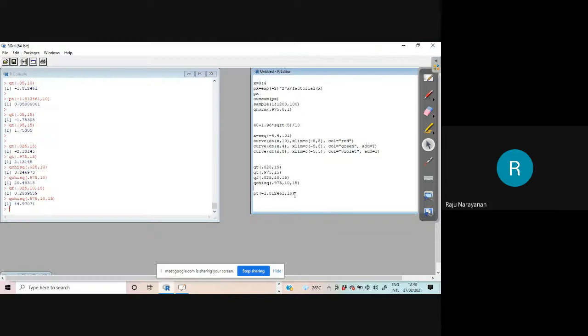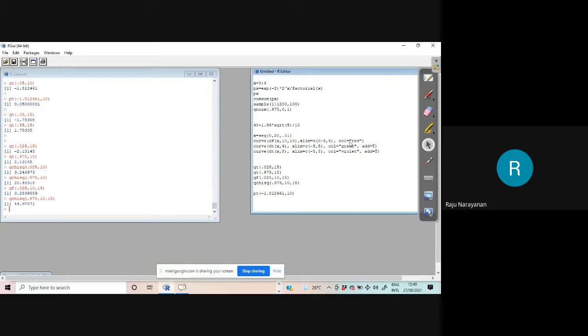F is a positive variable. Therefore, you need to take 0 to 20. Let us take 0 to 20. I don't know whether it will go up to 20. Okay, then curve DF, degrees of freedom 10 and 10, X limits 0 to 20.